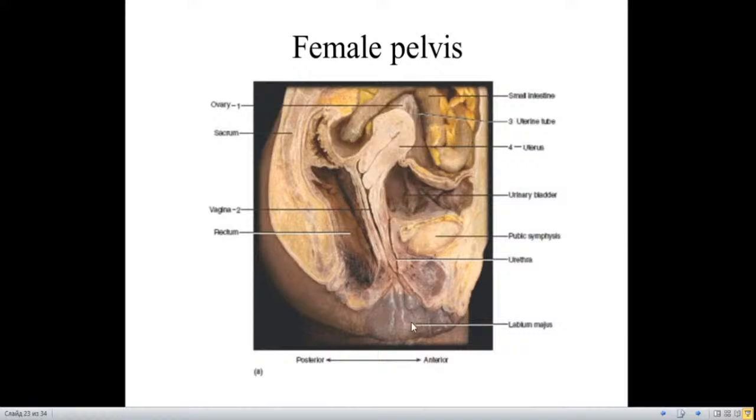Here is the urethra, labia majora. Behind the vagina and uterus is the rectum. And here we can see a very deep pouch known as Douglas pouch or recto-uterine pouch, excavatio recto-uterina. Keep in your mind, later I'll explain its clinical significance.